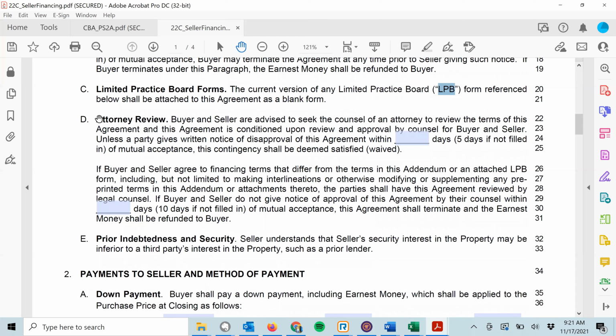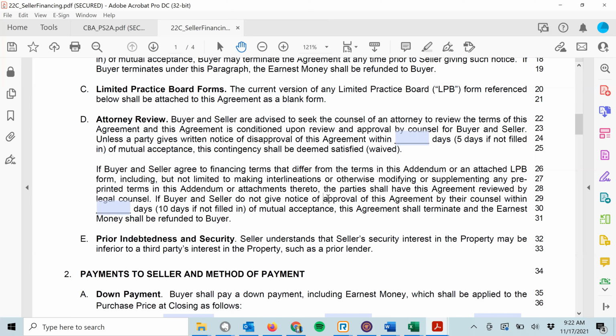So big difference between the second half of this clause and the first half. The first half says, if you use these forms, you should have it looked at by an attorney, but if you don't raise your hand, we're going to assume that it's satisfied or waived, right? In the second half, they're saying, hey, if you edit this form, then we require that you have it looked at by an attorney.